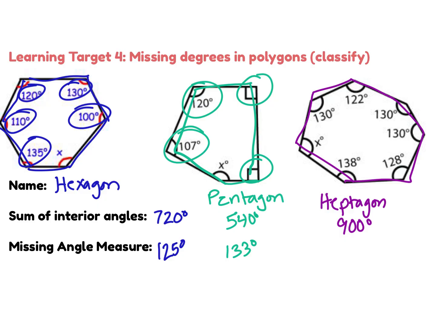And I'm going to start with my 900. I'm going to take away 130, take away 122, take away 130 again, and another 130, and 128, and 138. And I'm left with 122 degrees.